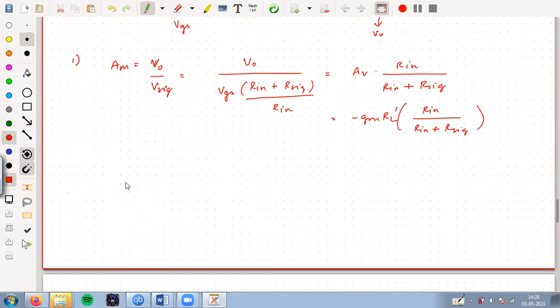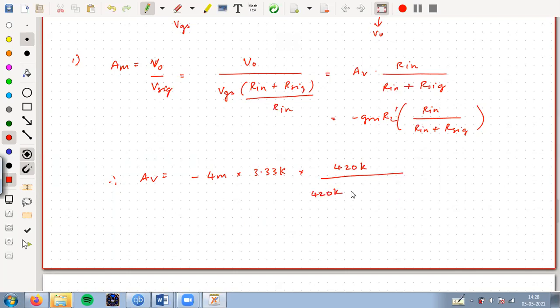Substitute all the values. Therefore, AV is GM, which is minus 4 milli, into RL prime, 3.33 kilo ohms, into RN, which is 420 kilo ohms, divided by 420 kilo ohms plus R signal, which is 100 kilo ohms.